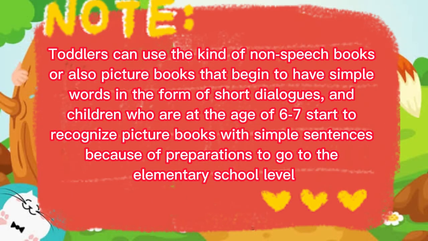Toddlers can use non-speech books or also picture books that begin to have simple words in the form of short dialogues, and children who are aged 6 until 7 start to recognize picture books with simple sentences because of preparation to go to elementary school.